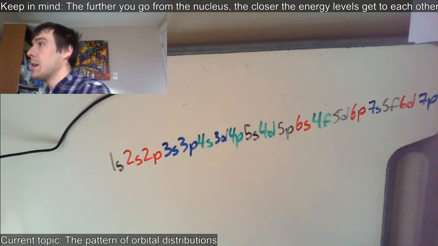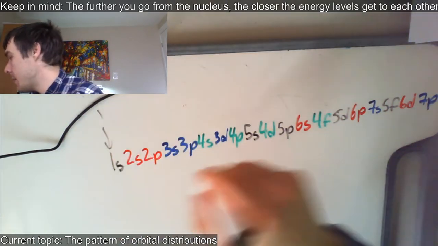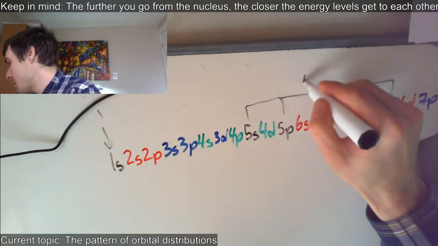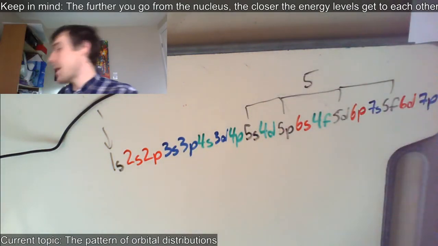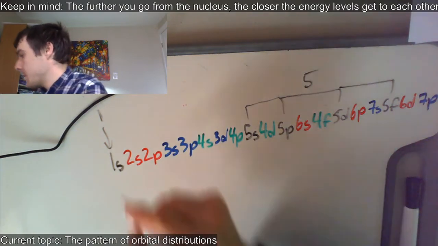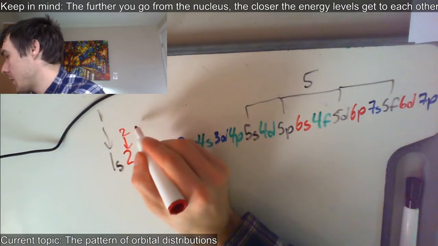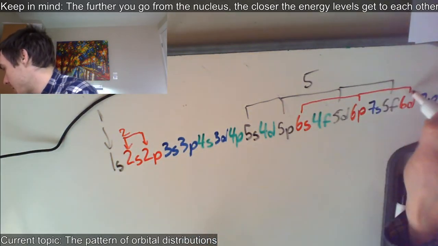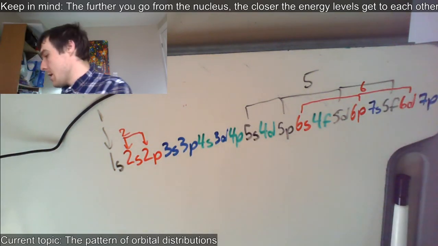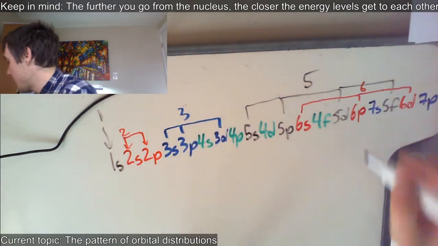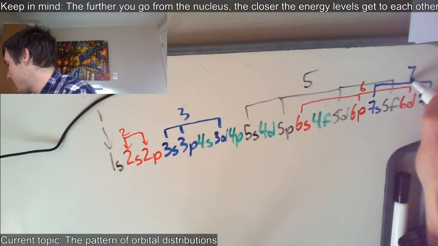So if we were to label them, here's number 1, here's energy level 5, here's number 2, here's energy level 6, here's energy level 3, and here's energy level 7.